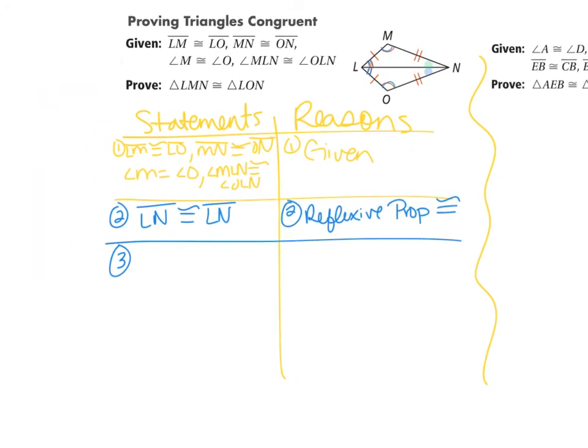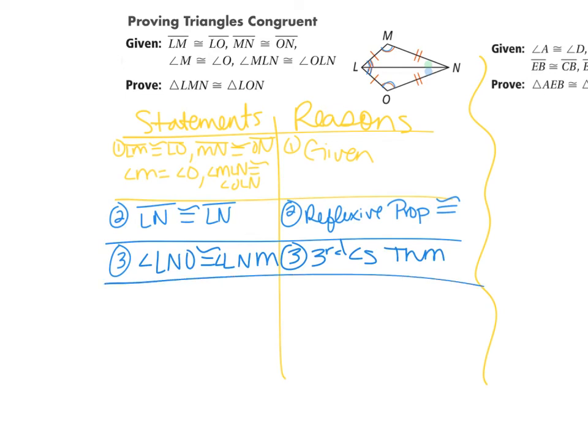Angle LNO, that's the bottom one, is congruent to angle LNM. And the reason is the third angles theorem. Okay, so now let's double check. Do we have all of our sides are congruent? Yes. Do we have all three angles that are congruent?